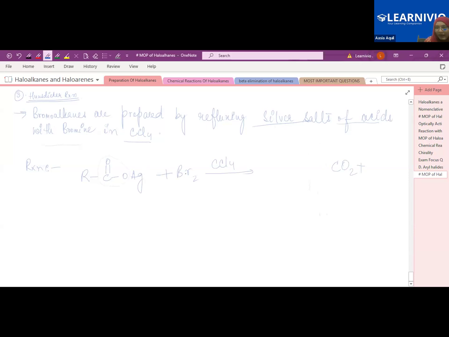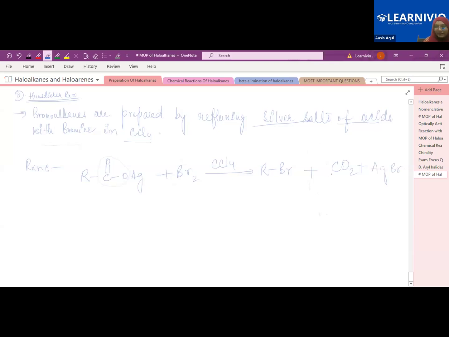There are two bromines: one bromine bonds with the R group and forms the bromoalkane, carbon dioxide gas is released, and the other bromine bonds with the silver to form AgBr.